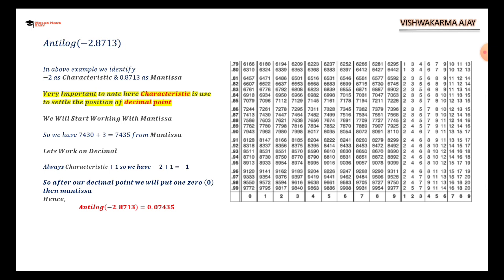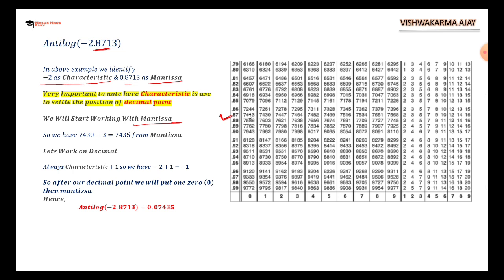Antilog of minus 2.8713. Again, minus 2 is the characteristic and 0.8713 is the mantissa. So we will start working on the mantissa. 0.87. Find the row 0.87. Look into the corresponding column of 1. So 0.87 is here, right here.